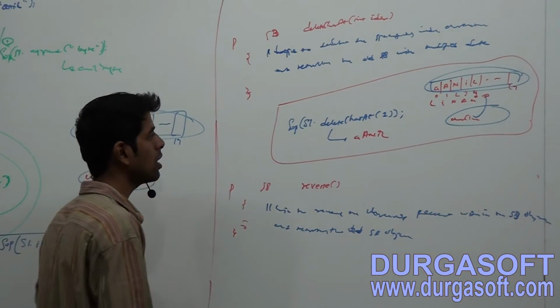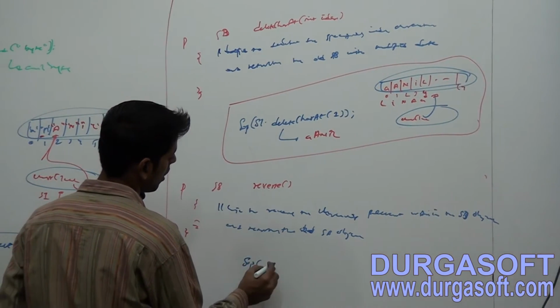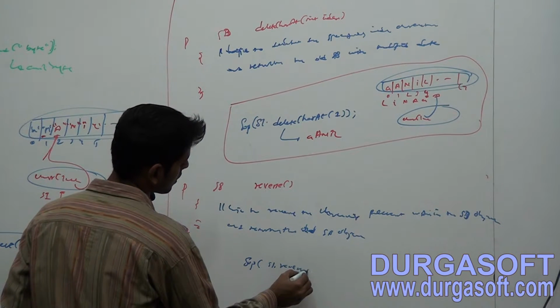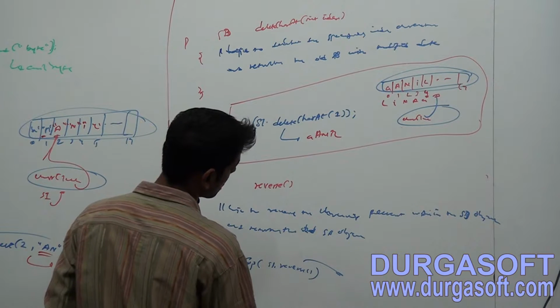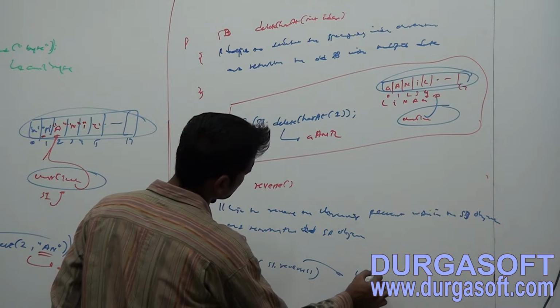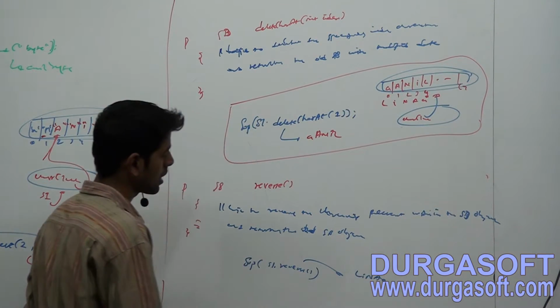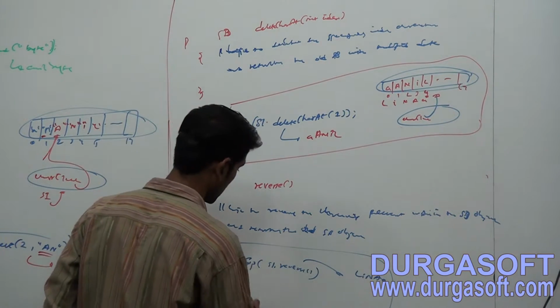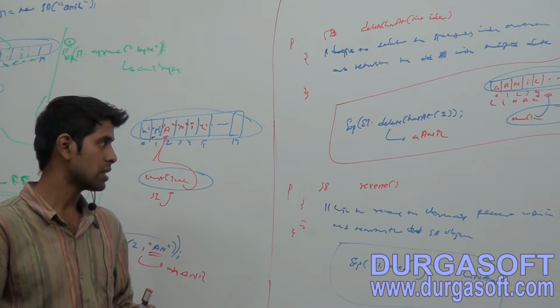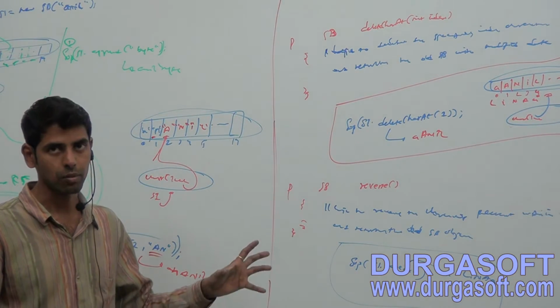So if I call here SOP of S1.reverse(), what will be the output? L I N A, small a. Lina will be the output. And this is what the reverse method does.